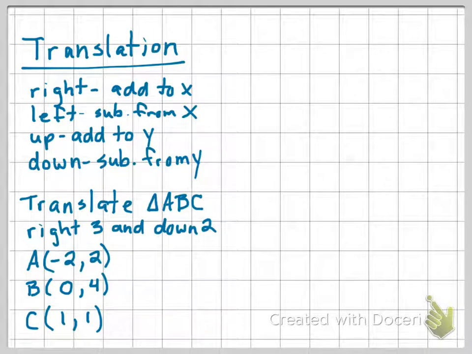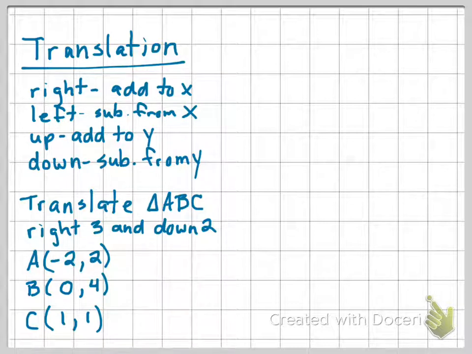Okay, and the rules above are nothing new. We've done all this before. This is just reviewing, but it should make sense that right I would add to the x because I'm moving upward on the x-axis. And left, I'm moving down the x-axis, so I'm subtracting. Up, I'm going up the y-axis, so I add to y. And down, I'm going down the y-axis, so I'm subtracting from y.